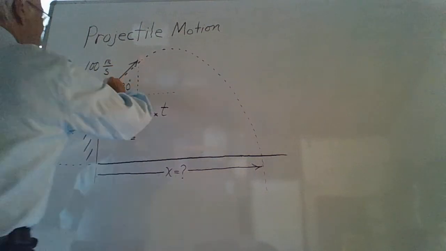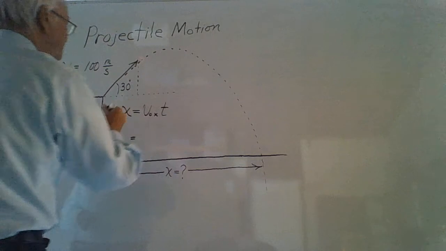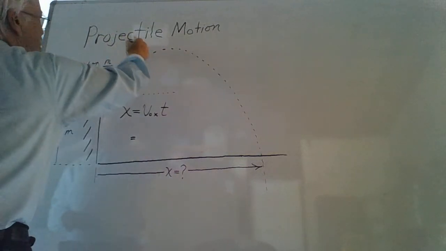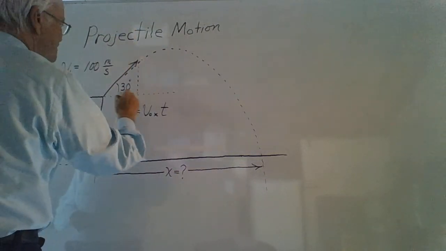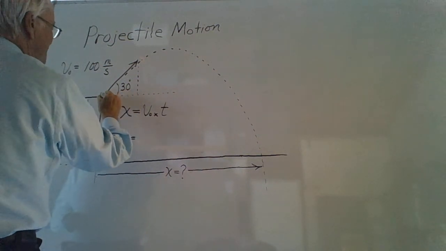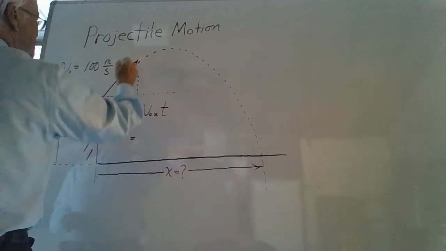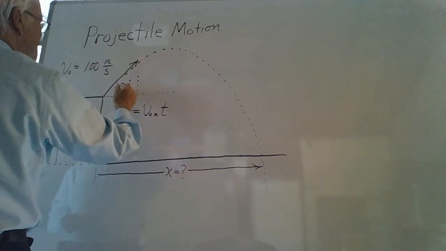Well, this is the v naught vector. That's the horizontal or x direction. The shadow that this arrow casts on the x-axis is cast on the positive side of the x-axis, and it has whatever this length is, the base width, which is the hypotenuse times the cosine of 30.